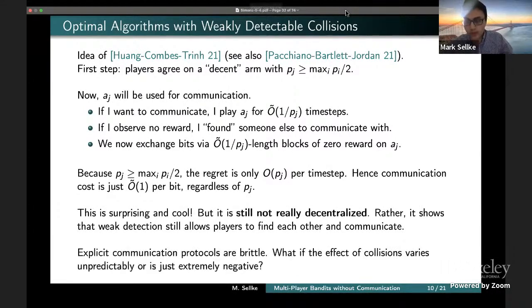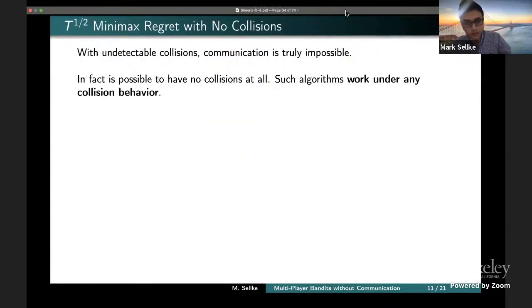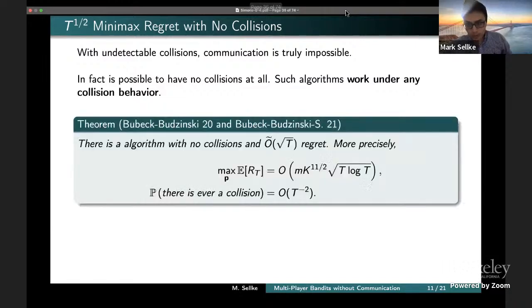So what I'll focus on for the second half is algorithms that really have no communication at all. And as I've been saying, this means that there's not only no communication, but there's no collisions at all, so they work in any model. The main result on minimax regret is with Sebastien and Thomas.